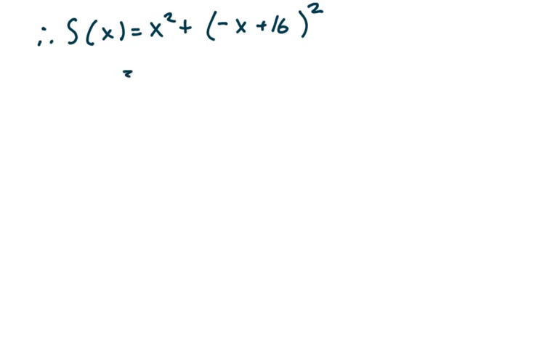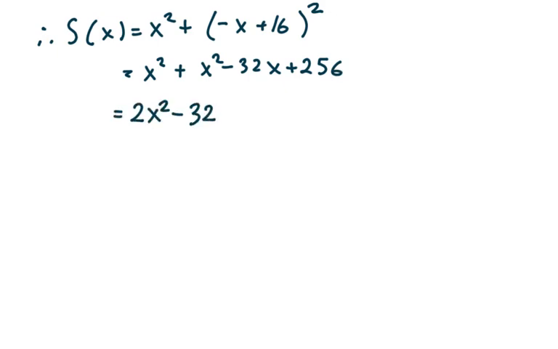Okay. So this is x squared plus x squared minus 32x plus 256, which is 2x squared minus 32x plus 256. Take the derivative. I have to see a derivative with these optimization problems now.